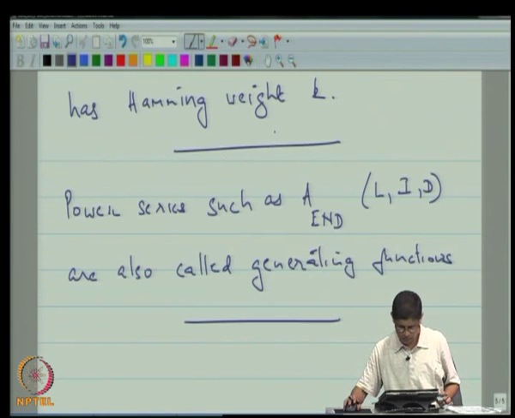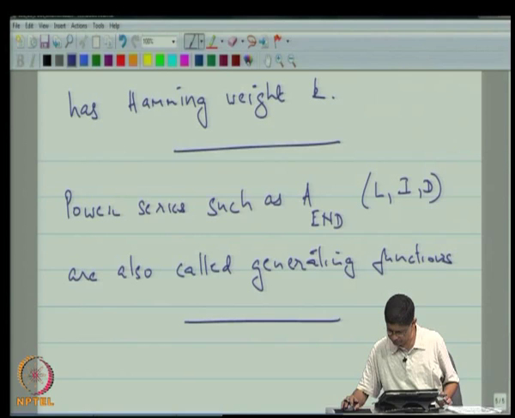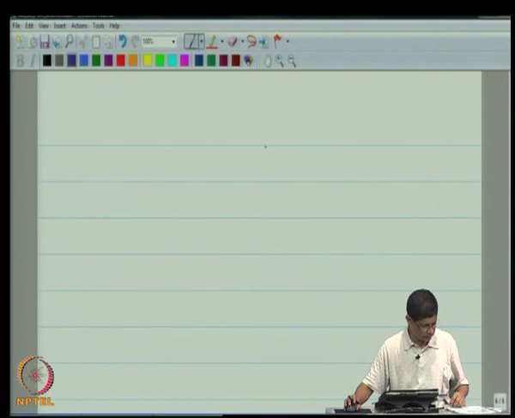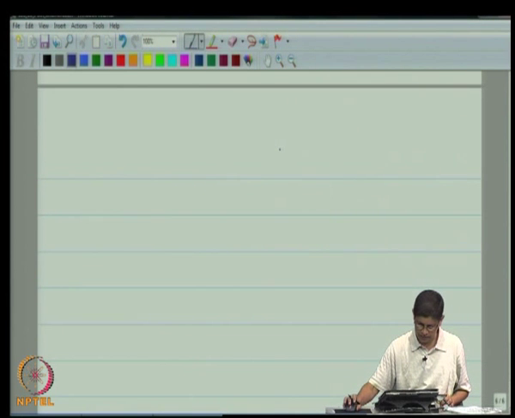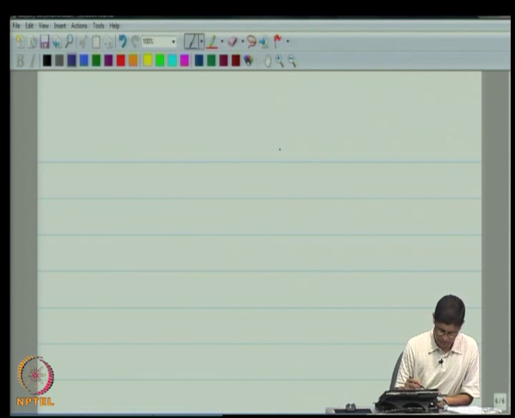So, what is the equation that I want to set up? The equation that I would like to set up is this.